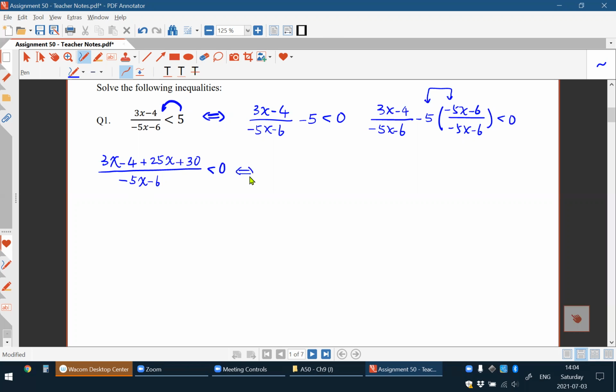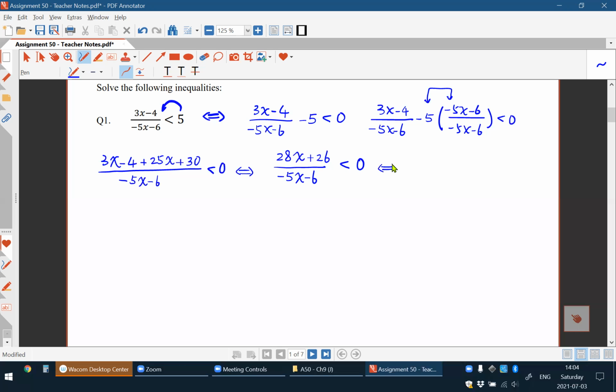Right? And next step, we need to simplify the numerator, which gives us 28x plus 26 over minus 5x minus 6, right? And this should be below 0.